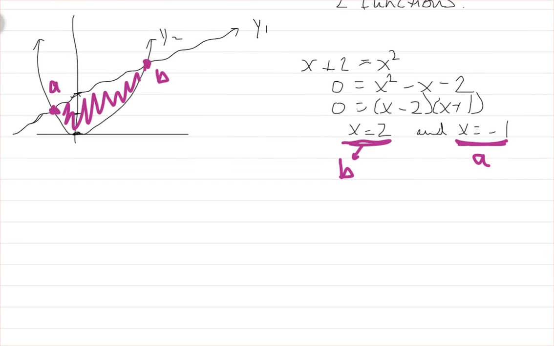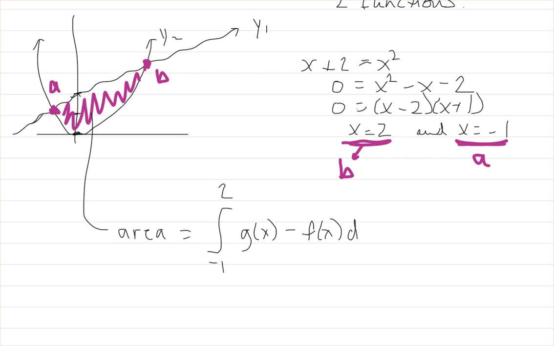Now what? Well, now we need to actually integrate. Okay, so this area that we're looking to find is going to be the integral from A to B of g of x minus f of x dx.